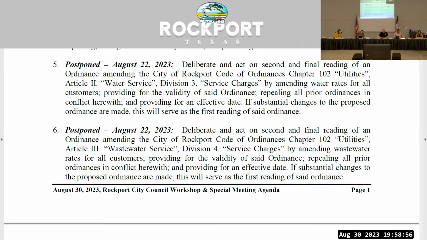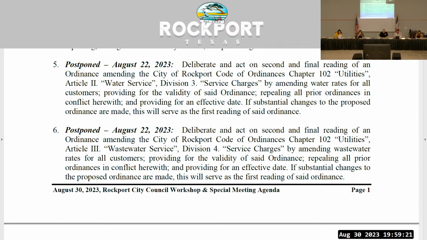Item number 6, postponed August 22nd, 2023, deliberate and act on first reading of an ordinance amending City of Rockport Code of Ordinances number 102, Utilities, Article 3, Wastewater Service, Division 4, Service Charges by amending wastewater rates for all customers, providing for validity of said ordinance, repealing all prior ordinances in conflict herewith, providing for an effective date.